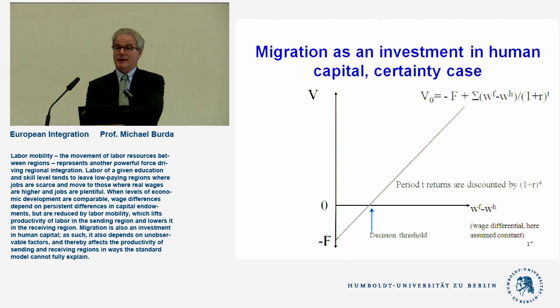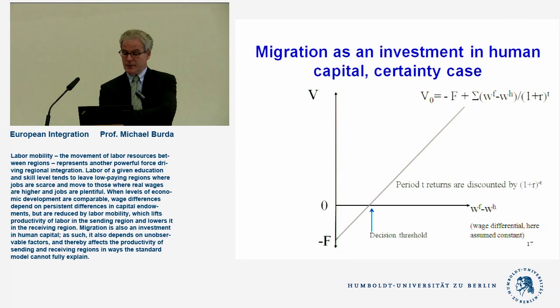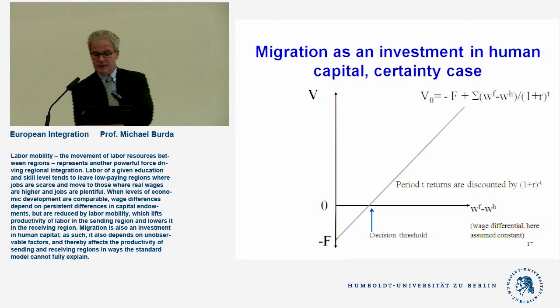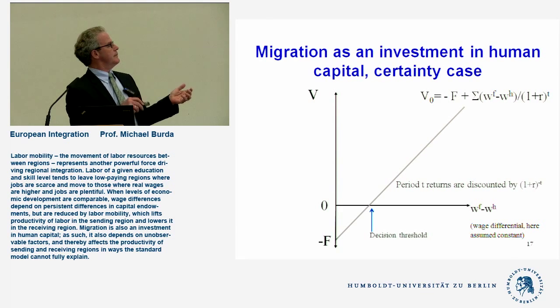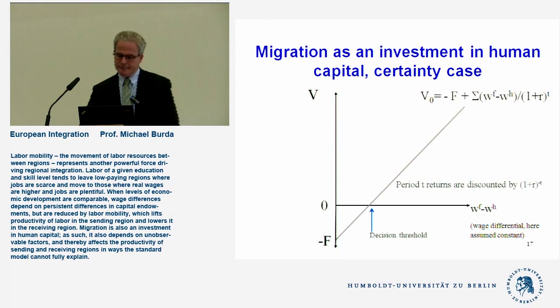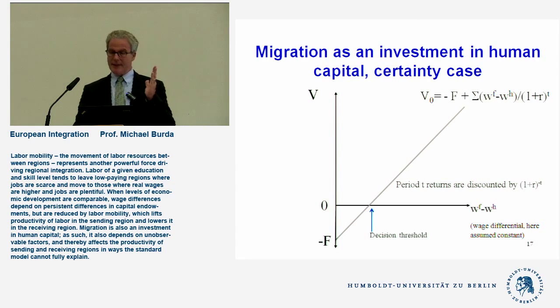So that's going to make it very interesting to migrate under given conditions. So if you look at this gray line, the gray line implies a negative value in investment below the threshold, so you just won't do it. Right? You only migrate in this situation if the wage differential lies above that point where the arrow is pointing.